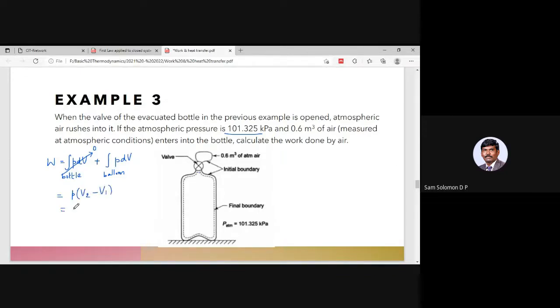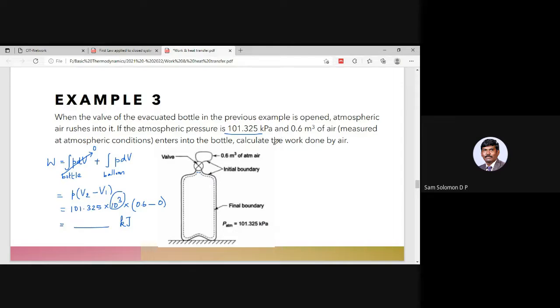So this is going to be 101.325 into 10 to the power 3 for kilopascal, multiplied by final volume 0 minus initial volume 0.6. If you retain this 10 to the power 3, you will get some answer in kilojoule. You have to be a little bit careful over here.